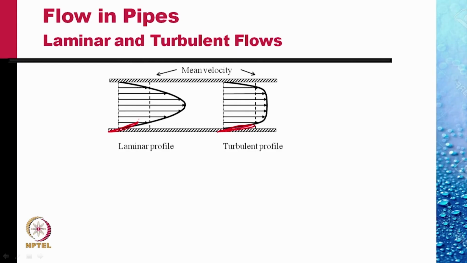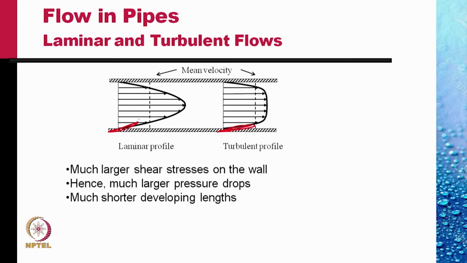Since the shear stresses are related to velocity gradient, the shear stress on the wall in turbulent flow is much more than the shear stress in laminar flow for the same mean velocity. Much larger shear stress on the wall has much larger pressure drops, much shorter developing lengths in turbulent flows, as we discussed earlier.